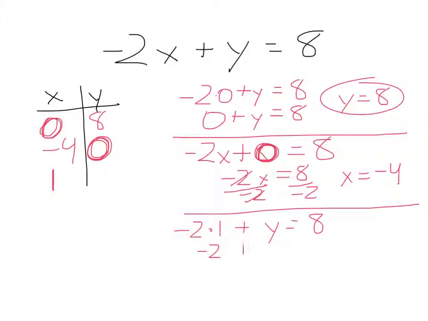Negative 2 times 1 is negative 2 plus y equals 8. I have to add 2 to both sides. That cancels. We get y is equal to 10. So here's my third point. And now we're going to go to the next page and graph it.